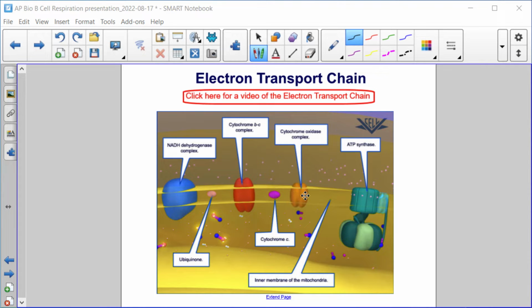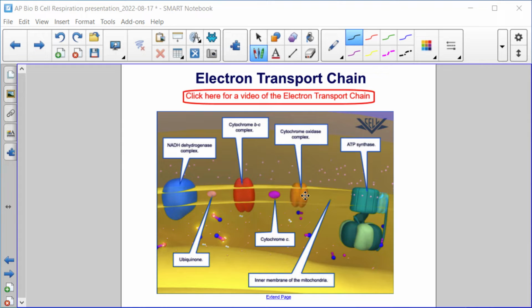These 4 electrons interact with a molecular oxygen molecule and 8 hydrogen ions. The 4 electrons, 4 of the hydrogen ions, and the molecular oxygen are used to form 2 water molecules. The other 4 hydrogen ions are pumped across the membrane.